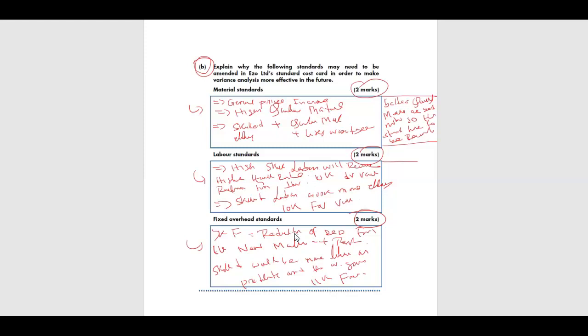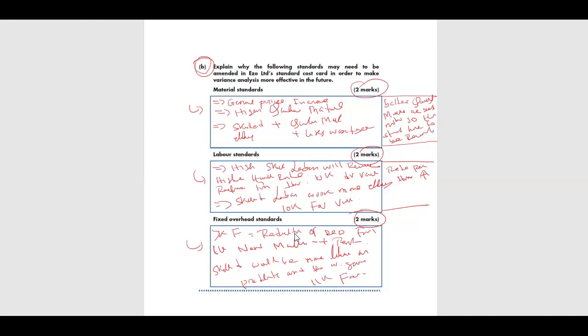Number 2, we have labor standard. Of course, the high skill labor, they will work really efficiently, and of course the cost per hour will be more. So we need to say the rate per hour needs to be increased because they are now skilled labor. It's not like before, when we used unskilled labor, so the labor is skilled now. So we have to say that.